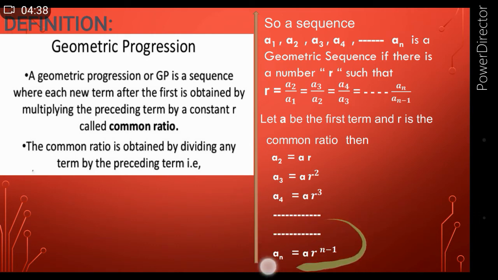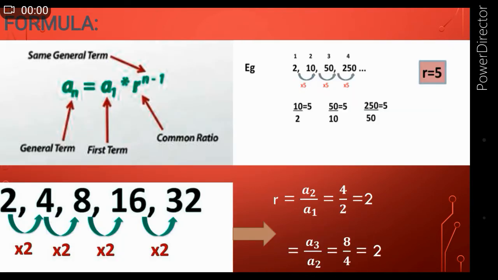So this is the main formula for geometric progression when we want to find the general term. Now this is the formula for the general term: an is equal to a1 r to the power n minus 1, where an is the general term, a1 is the first term, and r is the common ratio.